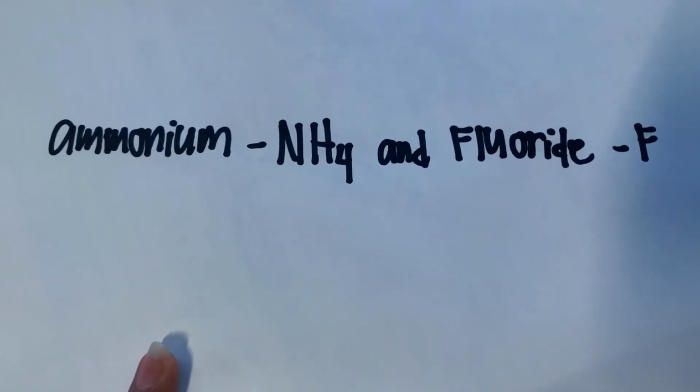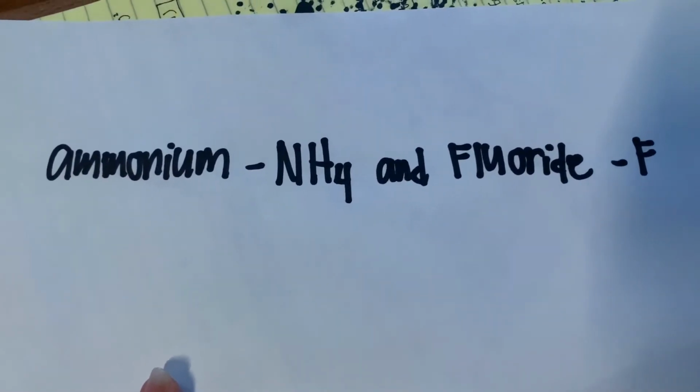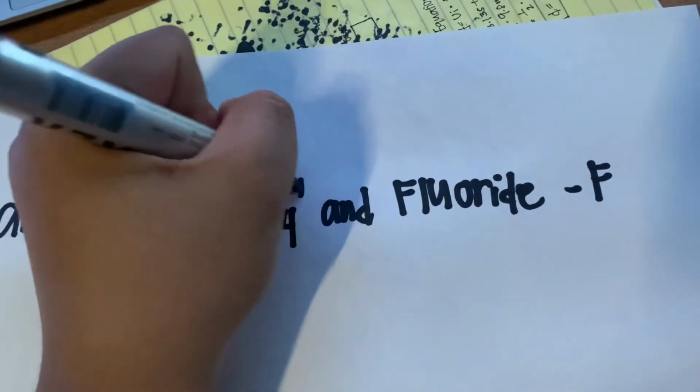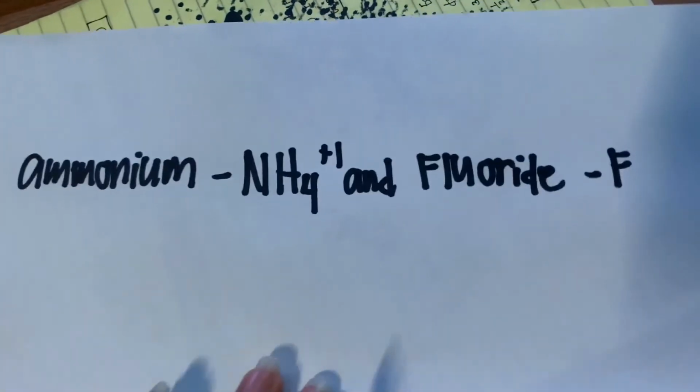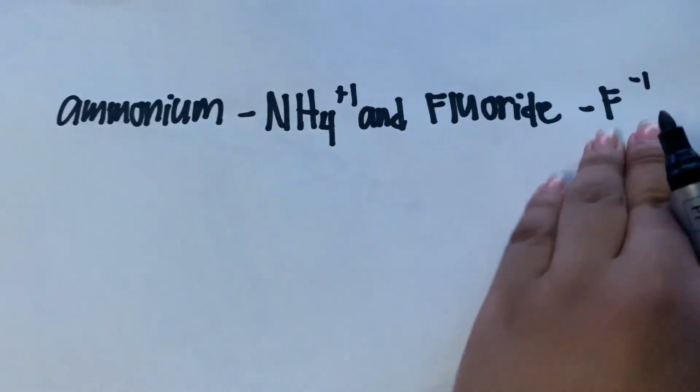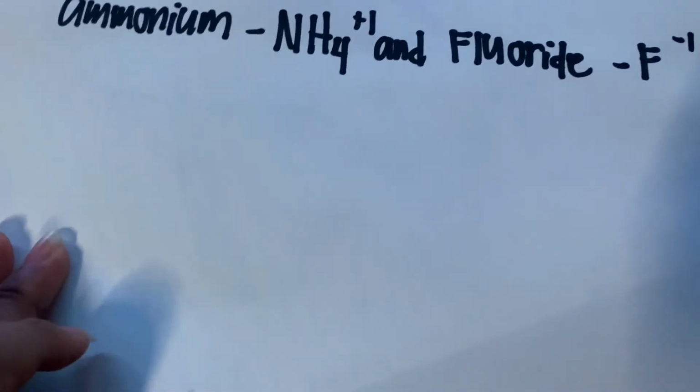We need to balance the charges that they have. The ammonium has a positive 1 charge and the fluoride has a negative 1 charge. Write this and this on a separate paper. You will have this.